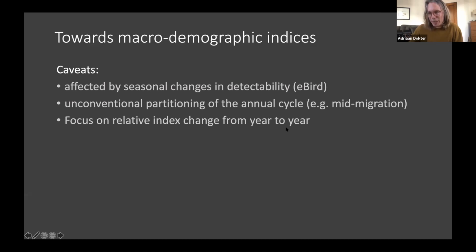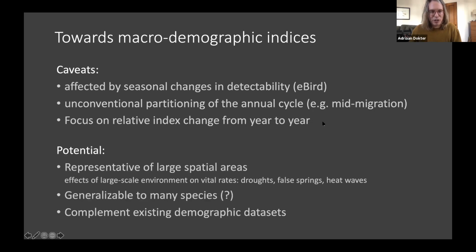For example, measuring population sizes during mid-migration periods, something that you would maybe not do if you were designing a very careful demographic study. And that will force us to focus on relative index changes from year to year, because the absolute values of these demographic indices will be affected by changes in detectability.